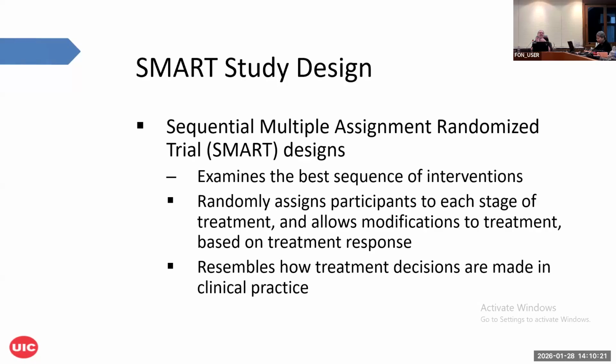And what it does is it examines the best sequence of interventions. It randomly assigns your participants or patients to each stage of treatment, and then it allows for modification to treatment based on their response.